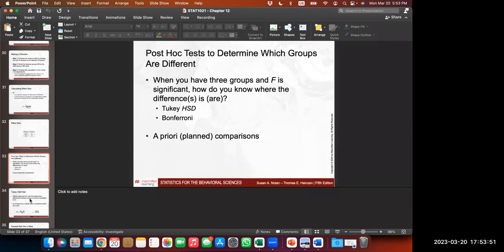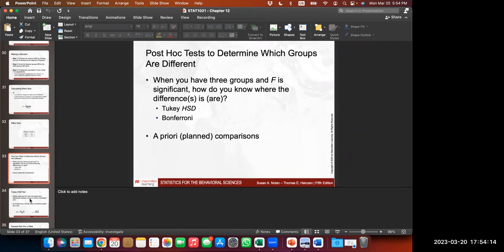It's a hypothesis. For each comparison you have one hypothesis, so for each of those hypotheses and null hypotheses, you assume a 5% alpha.